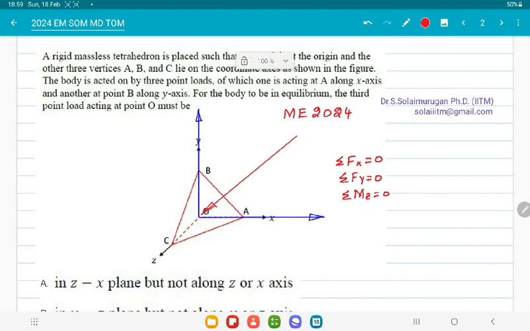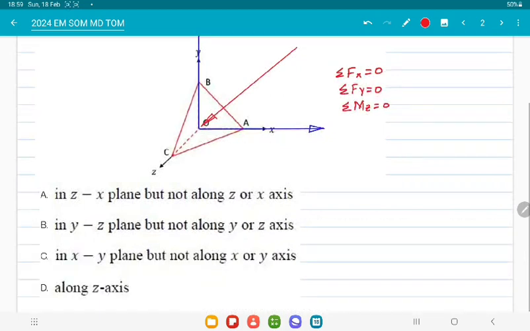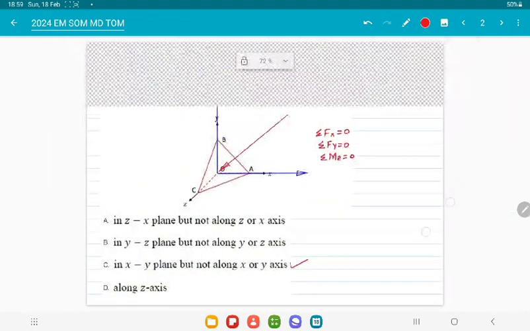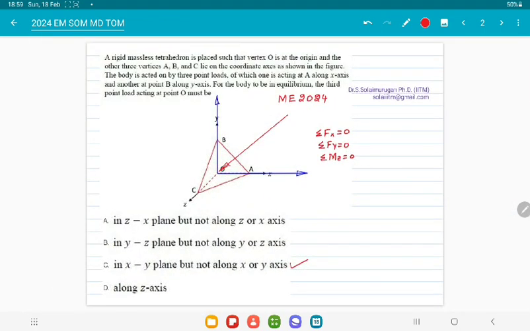Okay, right. So what is the option? We have to apply the force in xy plane but not along x or y axis. Option C. Next question.